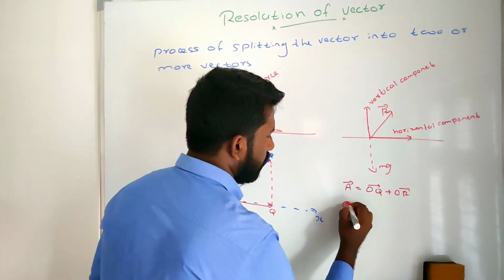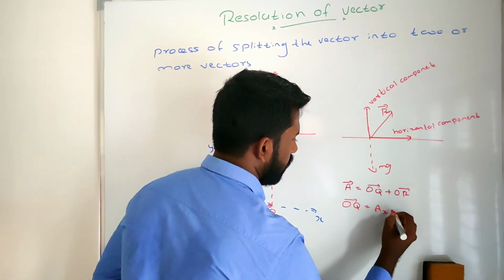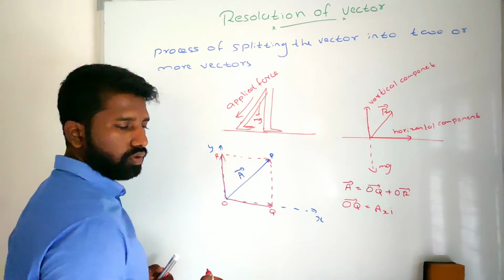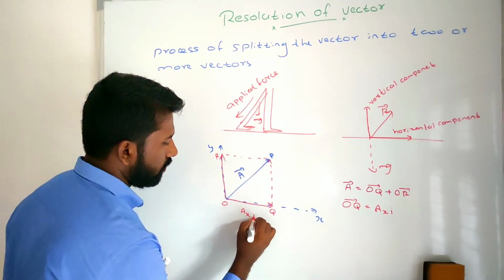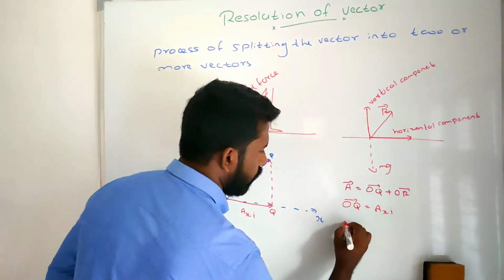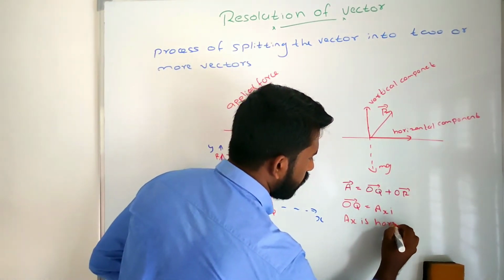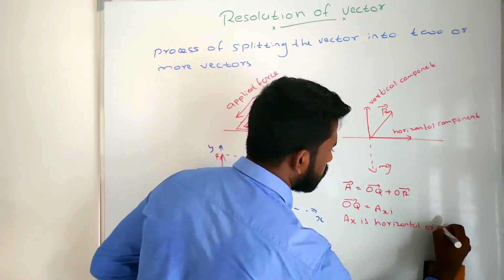So I can replace this OQ by AX i. AX is the magnitude of OQ and i is the direction. So we can say that AX is the horizontal or X component.